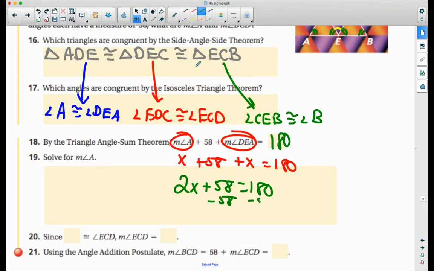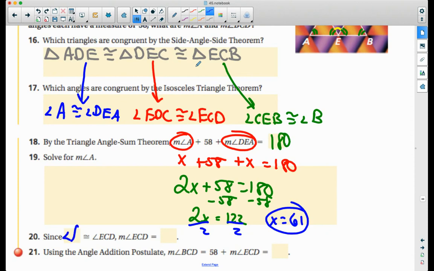Subtract 58 to the other side, and I get 2x is equal to 122. Divide by 2, and I'll get x is equal to 61. So since angle A is equal to the measure of angle ECD, the measure of angle ECD is also equal to 61.